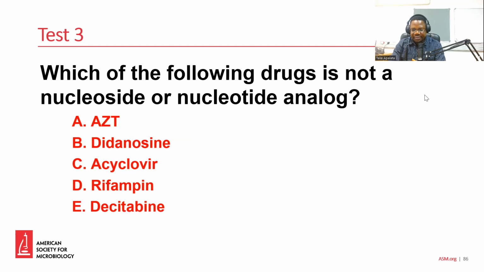The options are AZT, didanosine, acyclovir, rifampin, decitabine. So already we can remove rifampicin because it's not in this group. We spoke about rifampicin inhibiting transcription of DNA to RNA, so it's not a nucleotide or nucleoside analog. So which of the following is not? It's D, rifampicin. All the rest are nucleoside or nucleotide analogs.